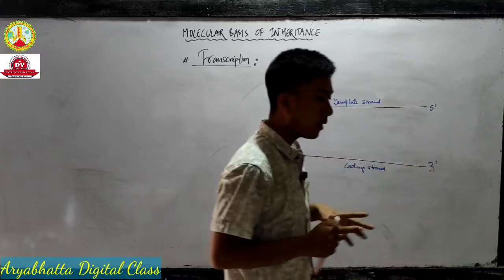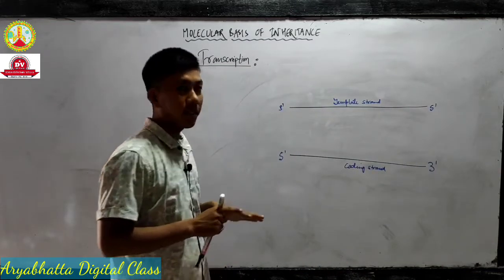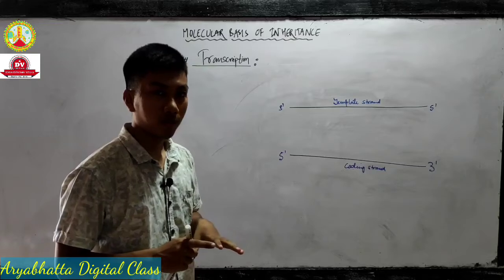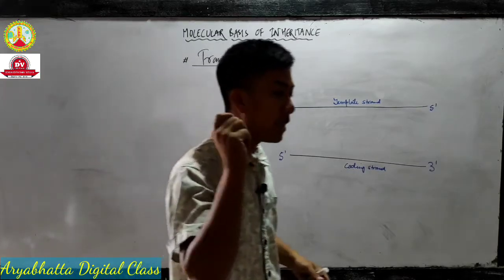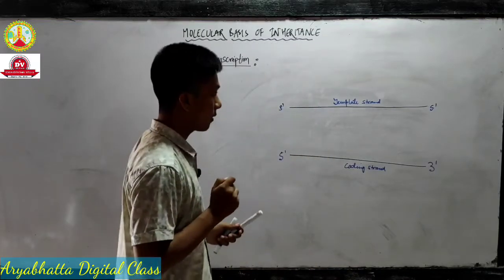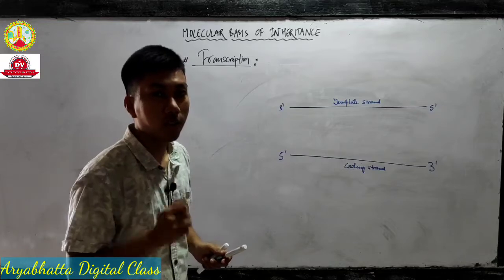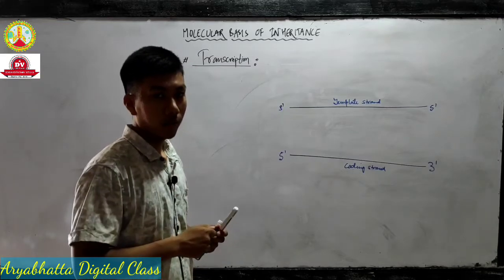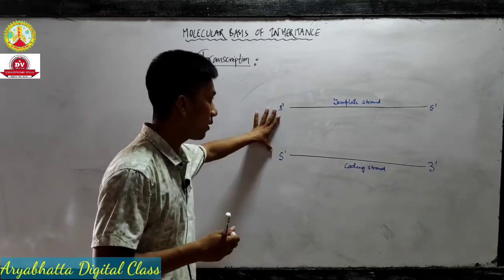Now when mRNA is synthesized, apart from these two strands, it first binds with some specific nucleotide sequences, and these nucleotide sequences are present in both the strands.